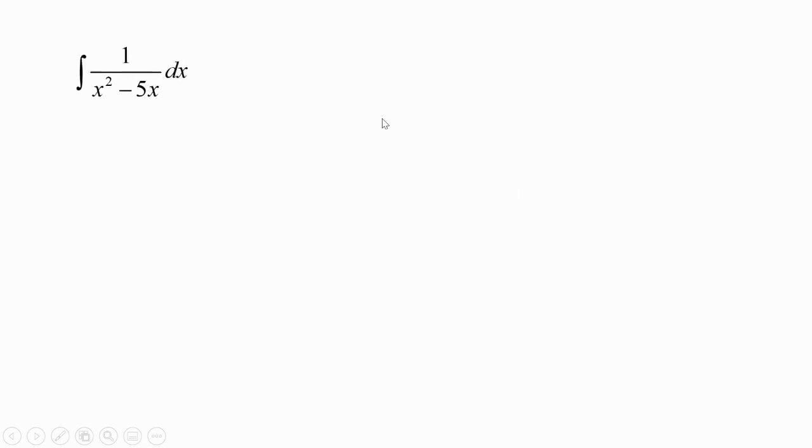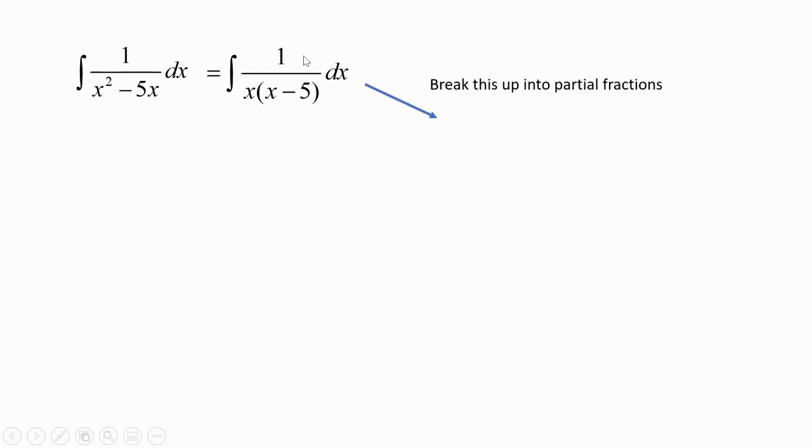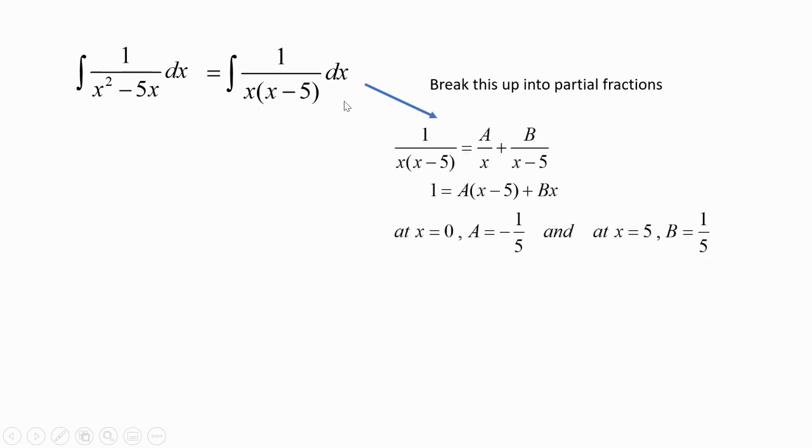Okay. All right. So what you might have to do is break this up into partial fractions. So 1 over, this is a nice easy one, 1 over x times x minus 5. Please make sure you know how to do this. So you would break it up into a over x plus b over x minus 5. You should have done this in one of the other lectures.